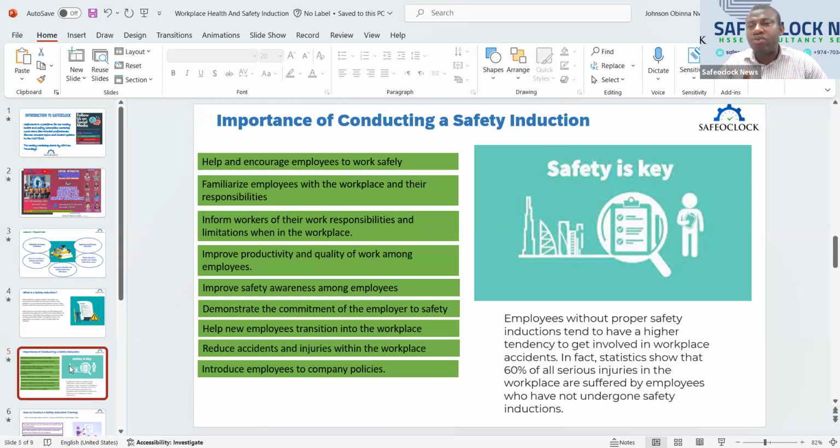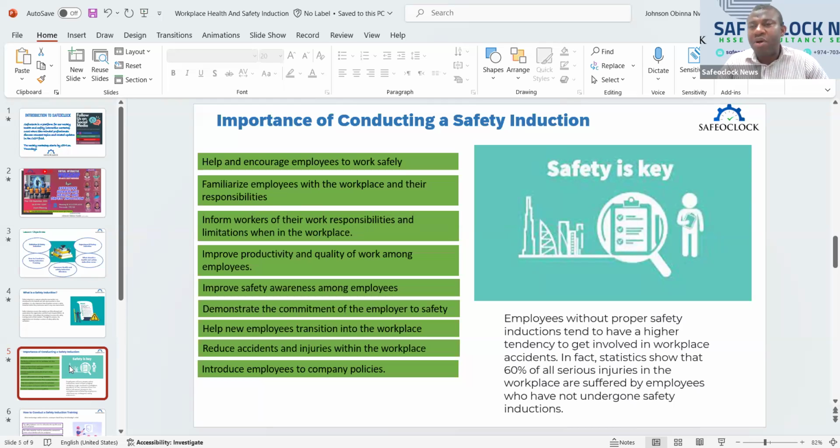That 1 hour or 2 hours required to conduct health and safety induction, if you skip it, it won't give you the best. But conducting effective health and safety induction will ensure that people understand how to work safely, and at the end, you will be getting the maximum productivity that you require. It will also improve safety awareness among the employees.